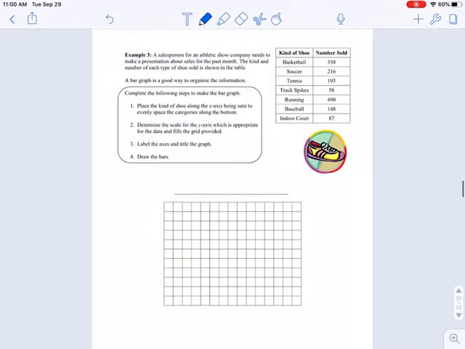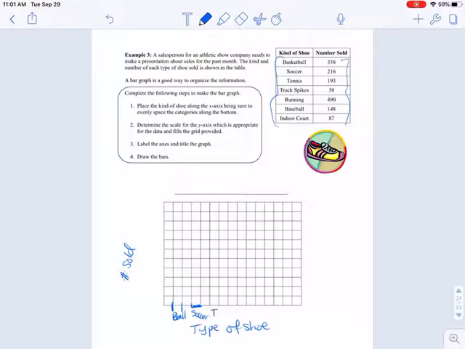So we're going to create a graph. We have a bunch of different kinds of shoes, and we have a different number sold. So on the left side of the graph, we're going to do the number sold, and on the bottom, we're doing the type of shoe. Now, each of these types of shoes are different, so we need to give them their own column. So this will be b-ball. This one here is going to be soccer.